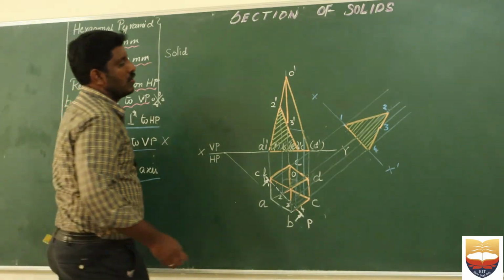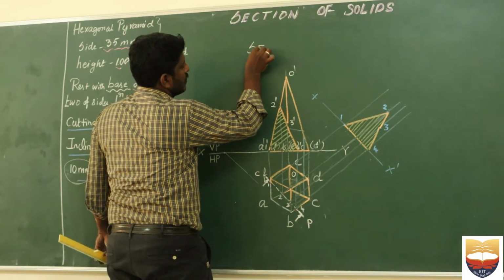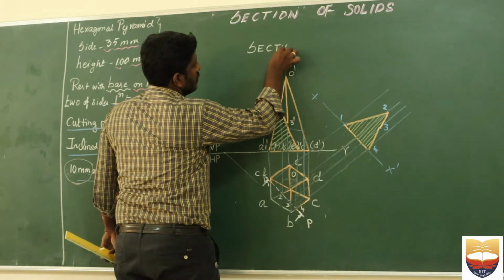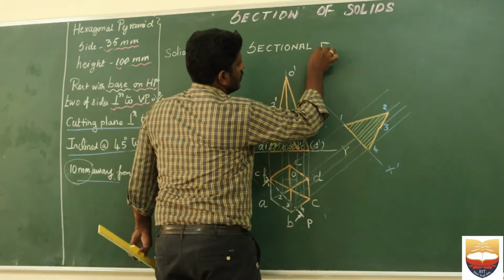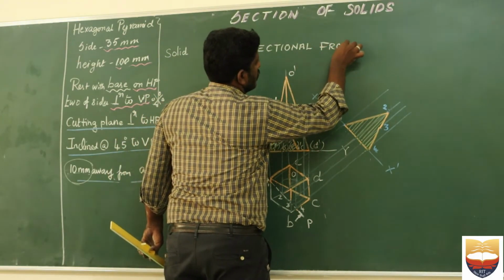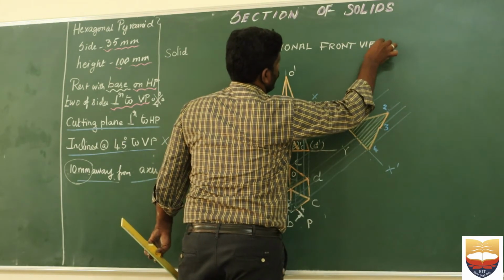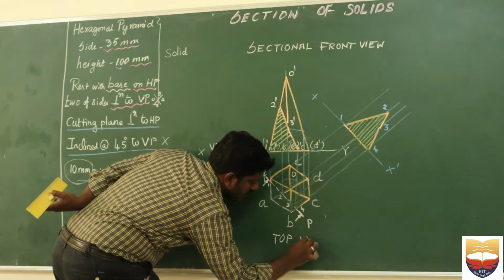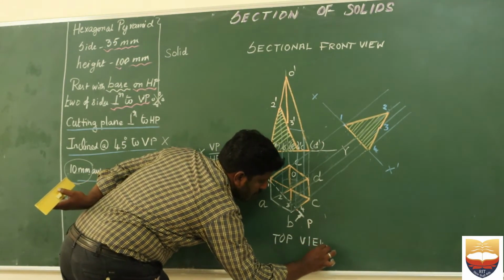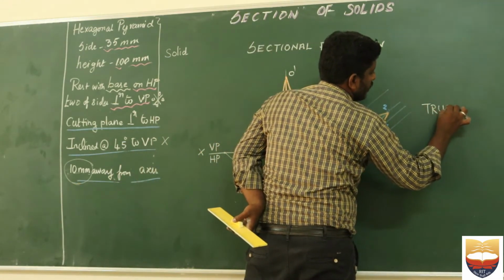Okay, we have to name the parts. So you can write: sectional front view, this is my top view, and this is my true shape.